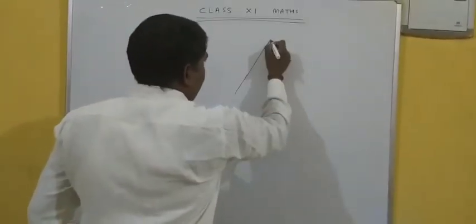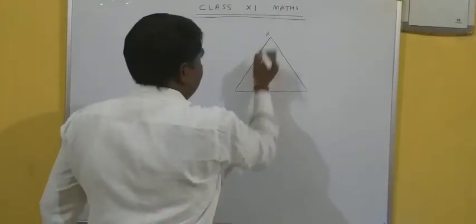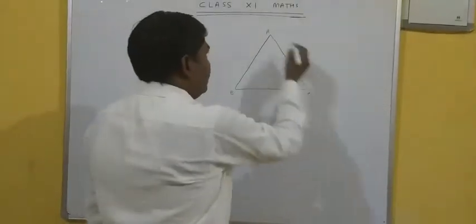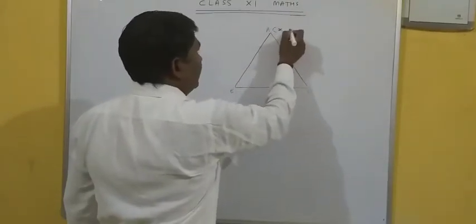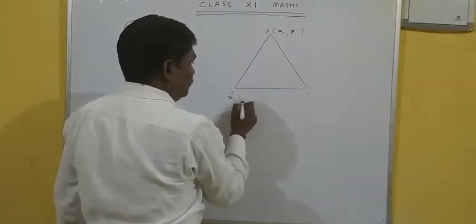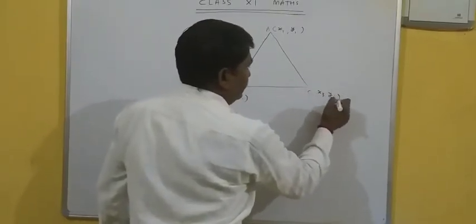If the vertices of a triangle ABC are given, let the coordinates be x1 y1, x2 y2, x3 y3.